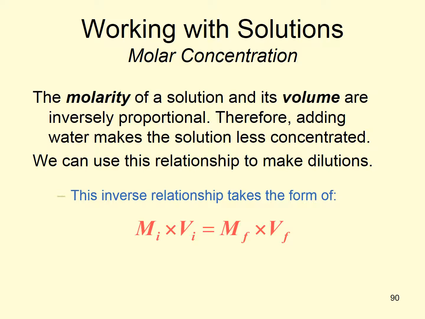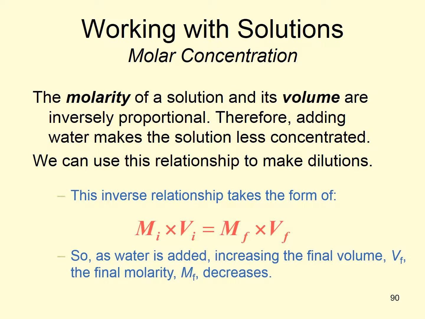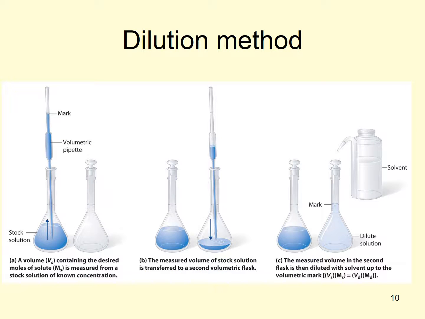Now it's a very handy equation because we can use it to do dilutions. Again, as we add water, by increasing the final volume, the final molarity will decrease. So here's a little look at what we're going to be doing. If you take a stock solution or a concentrated solution and you measure out a particular amount of it, that's a picture of a volumetric pipette, and we suck up a certain amount.